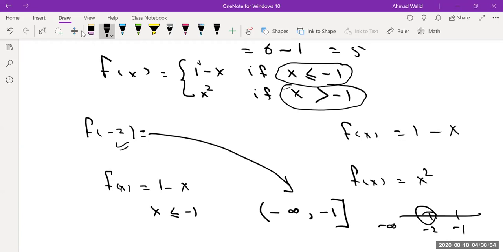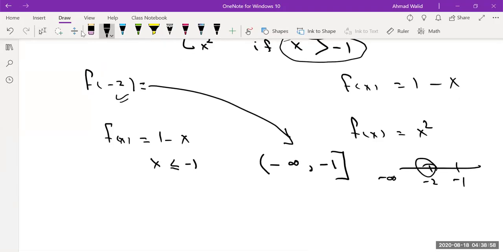But before that, check the other function also. Is -2 in the domain of the second function, f of x equals x squared? What's the domain? It gives you the domain x greater than -1. Correct? It means from -1 to infinity, right? Greater than -1. -1 is here, -2 is here.